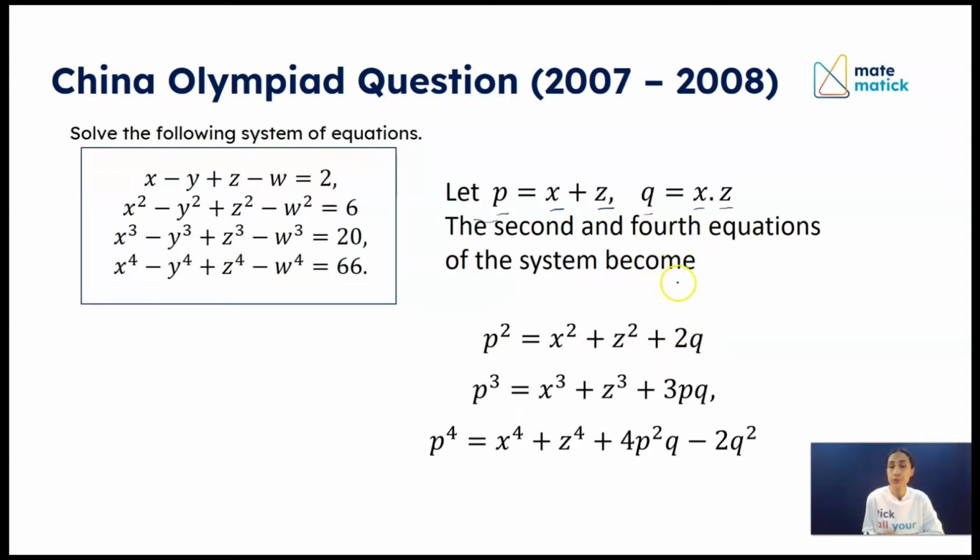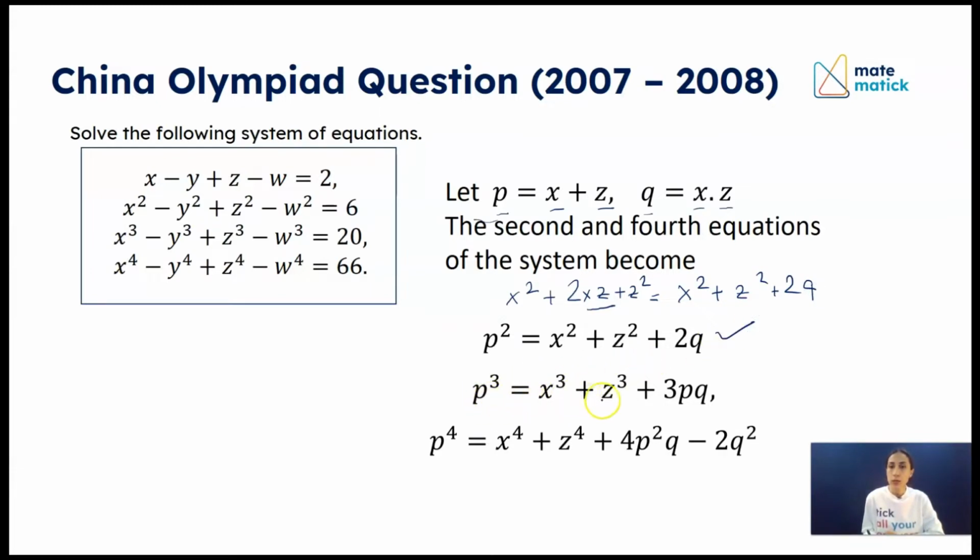Why? Because I know that p is equal to x plus z, so p squared is equal to x squared plus 2xz plus z squared. I know that x times z is equal to q, so this is equal to x squared plus z squared plus 2q.